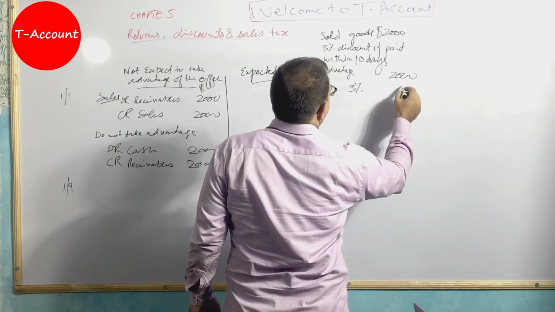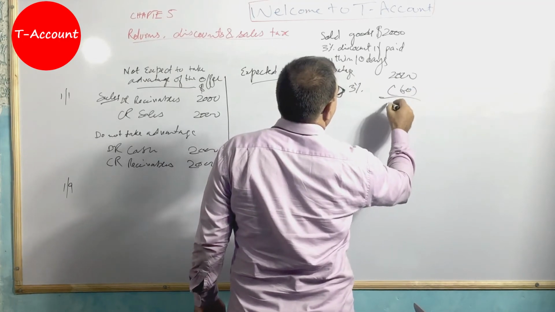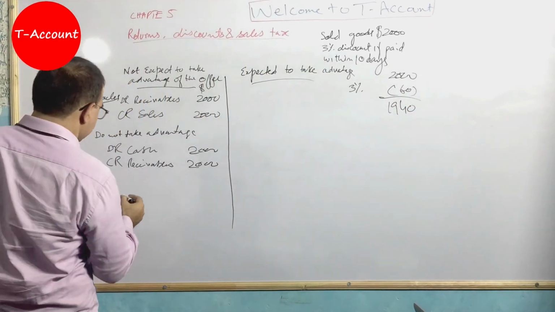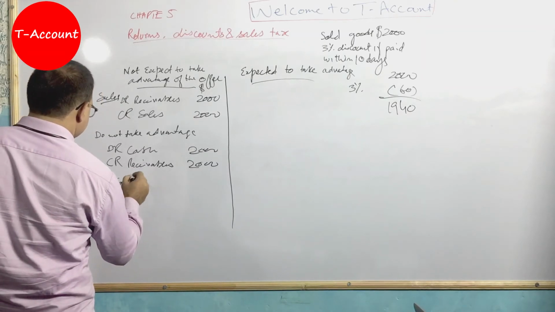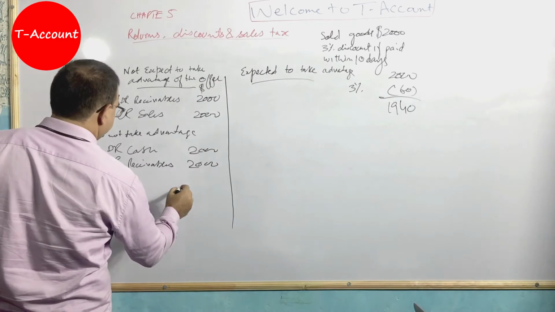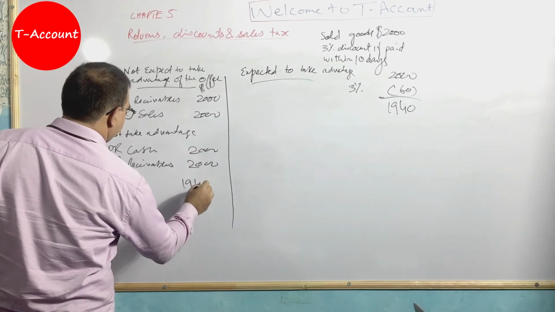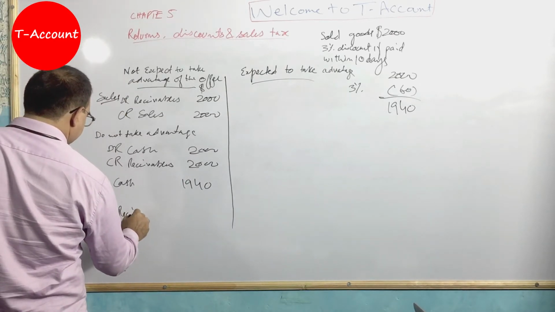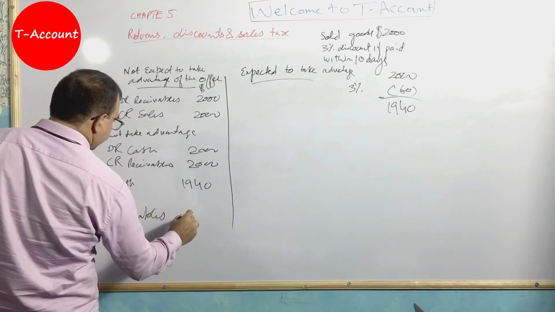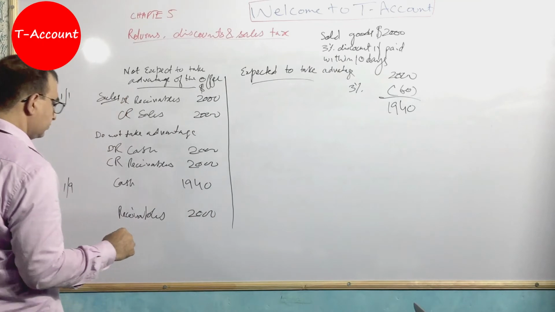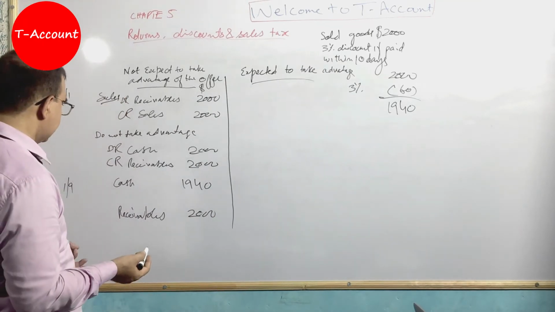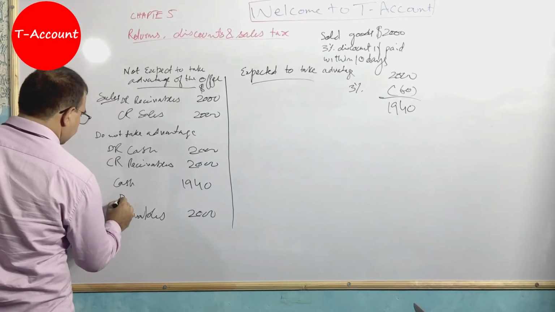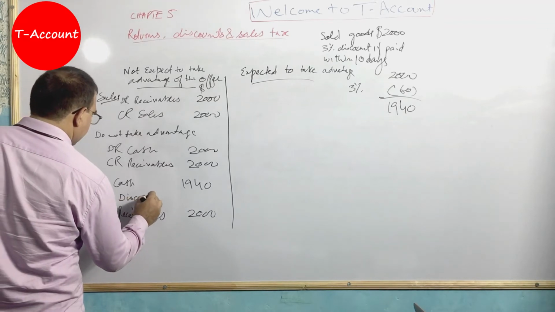How much is that? 60. So 1,940. If they come and pay, you cannot ask them for 2,000. You will have to accept this cash, and you will have to credit full receivables, which you booked at 2,000. Where does that difference go? You have to debit something. What is that? This is discount allowed.